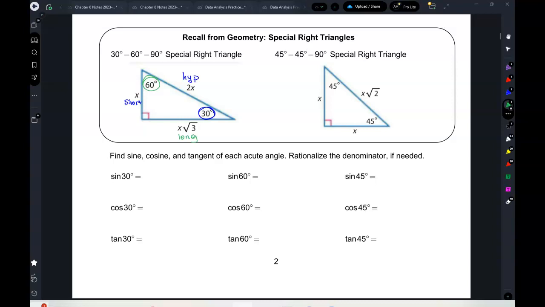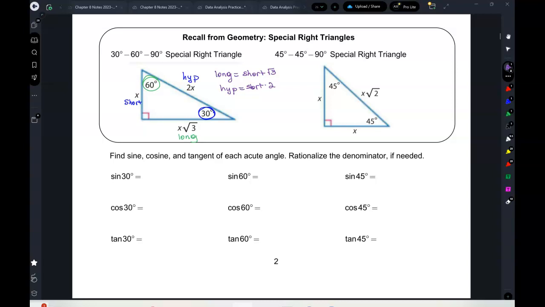Okay? So now, the ratio between all these is always the same. The long leg is the short leg times √3. The hypotenuse is the short leg times 2.